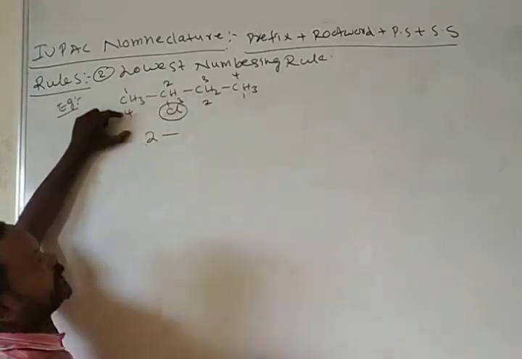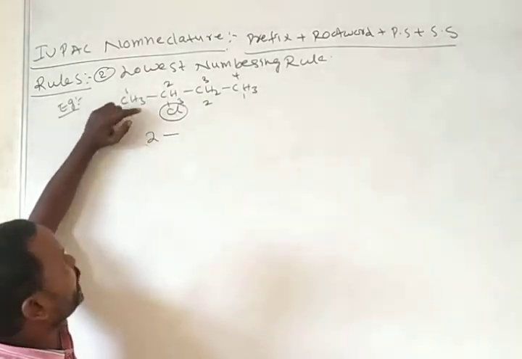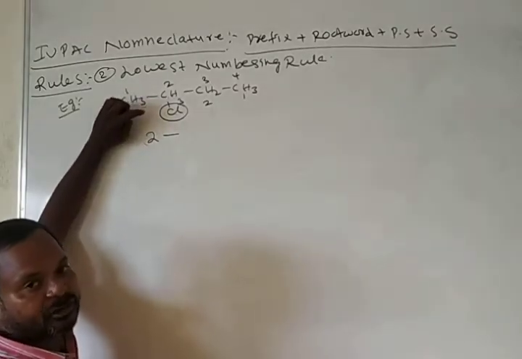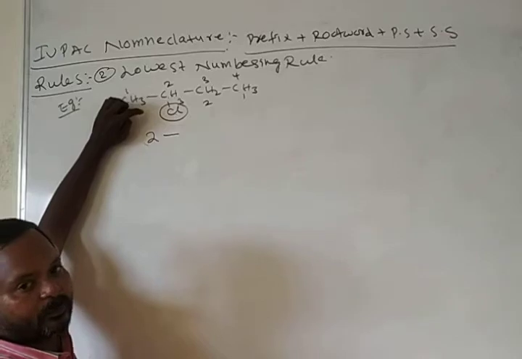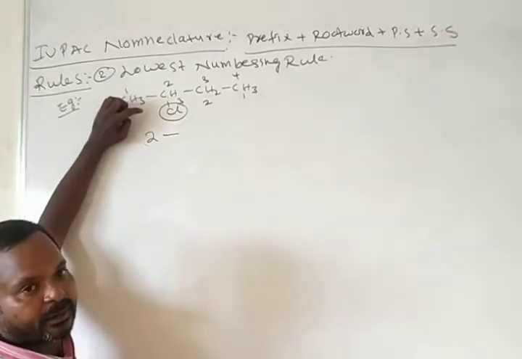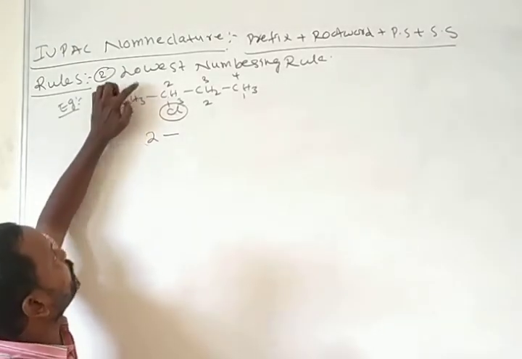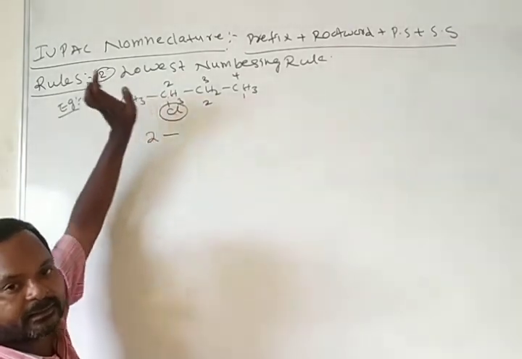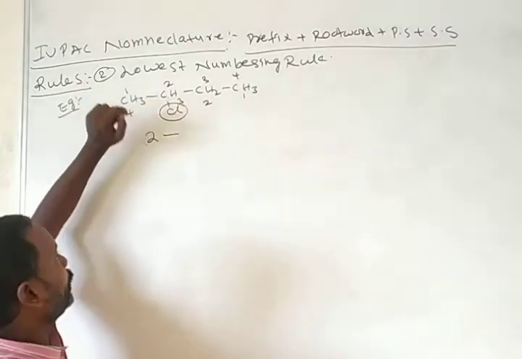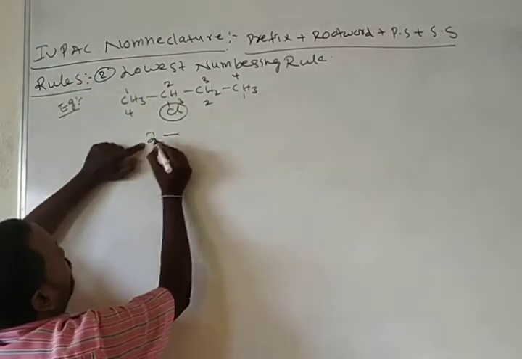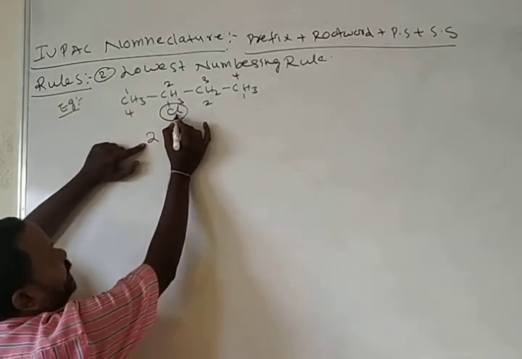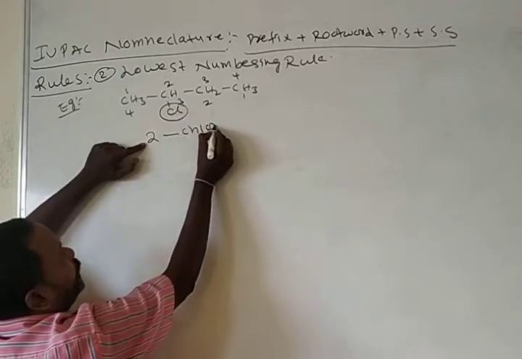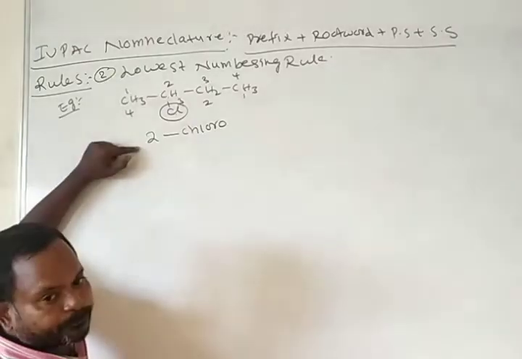That is what the lowest numbering rule says. The functional group, the substituent attached, a double bond, a triple bond, any of these should get the lowest number while numbering. Here, the right one is 2. This is the substituent. If a chlorine substituent is present in an organic molecule, what do we use? 2-chloro.